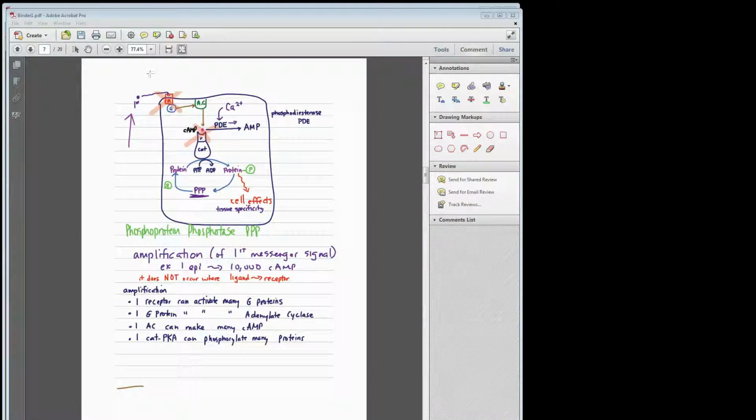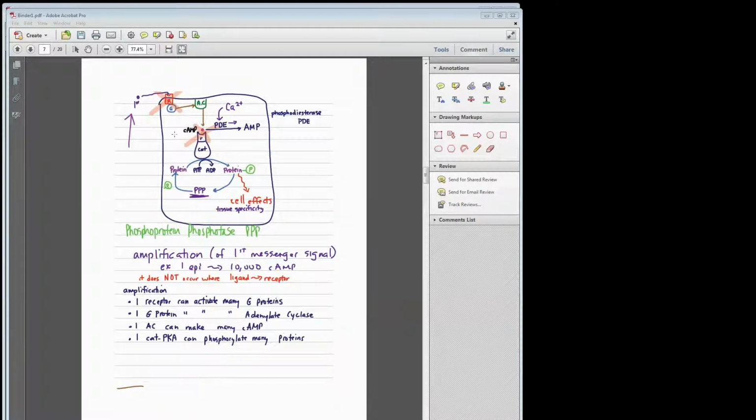So right here, that's where amplification can result in the first stage. Then a G protein can activate more than one adenylate cyclase, so it can produce more than one active cyclase, AC. Then one AC can make more than one cyclic AMP, so there's 3 modes of action.